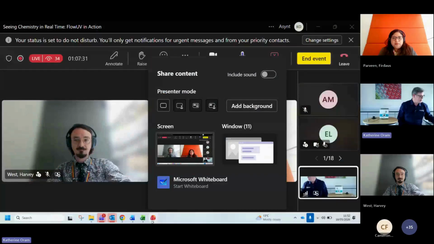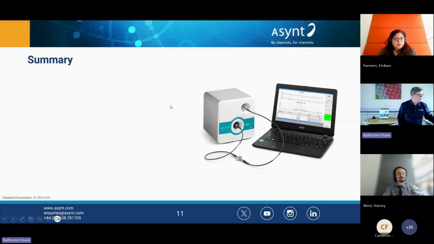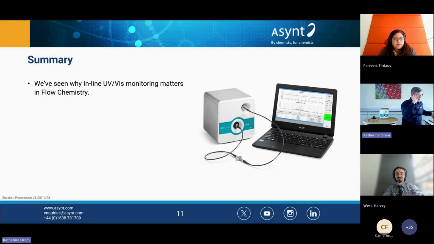So just as a conclusion, I'm just going to share my screen one more time before we take Q&As. So we've seen how UV vis monitoring, inline UV vis monitoring really matters for flow chemistry. It's a very powerful tool.